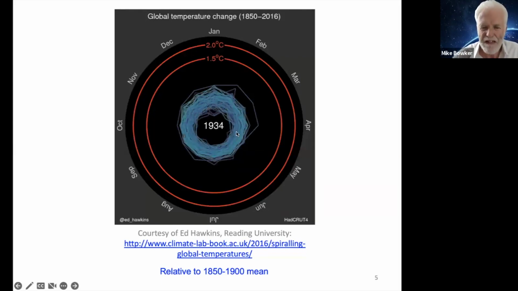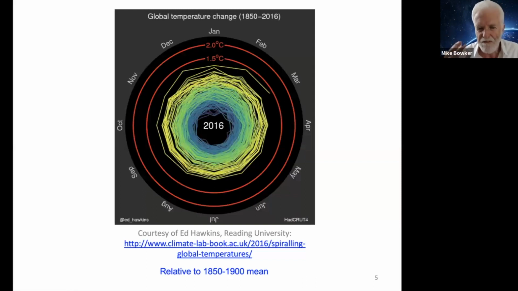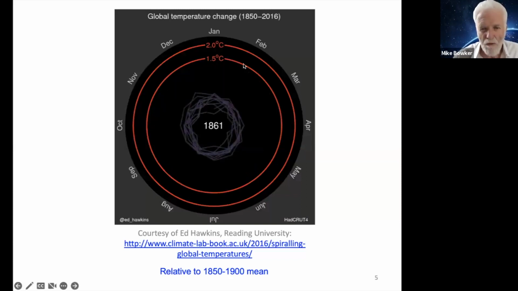In fact, it doesn't really increase really fast. There is a bit of an increase there, but after 1990, 2000, you can see the temperature rise in the atmosphere really takes off. And so we're getting very near to this 1.5 degrees C increase in temperature.